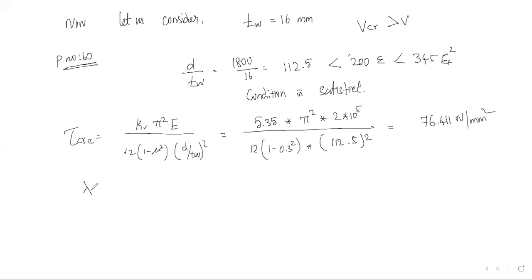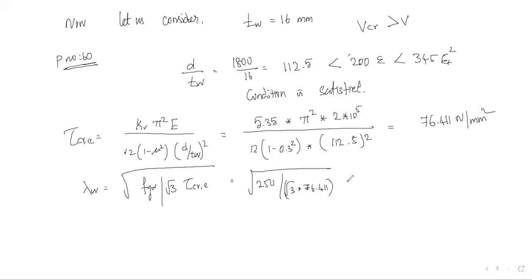Then I have to go for lambda W. So root under FY by root 3 into tau CRE, that is 250 divided by root 3 into 76.411. Then the value of lambda W becomes 1.374.